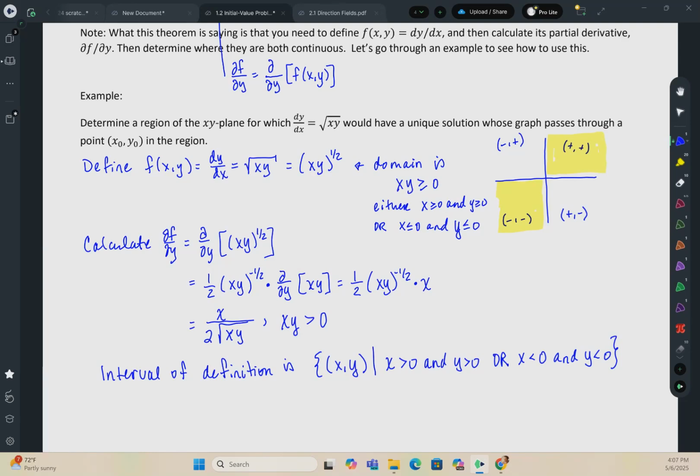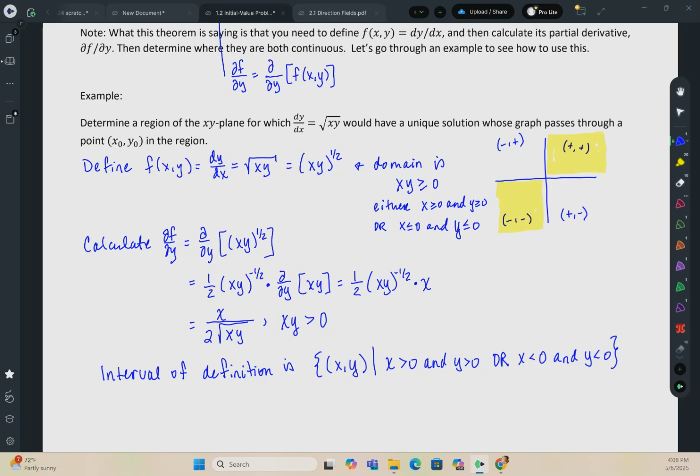And so if we look back, it says determine a region of the xy plane for which dy dx is equal to the square root of xy would have a unique solution whose graph passes through a point x naught, y naught, in the region. So when you do your homework, if you're in WebAssign, it's going to ask you for a region.